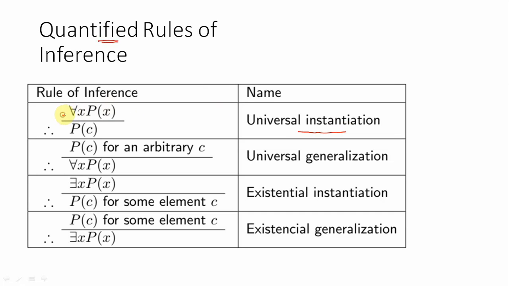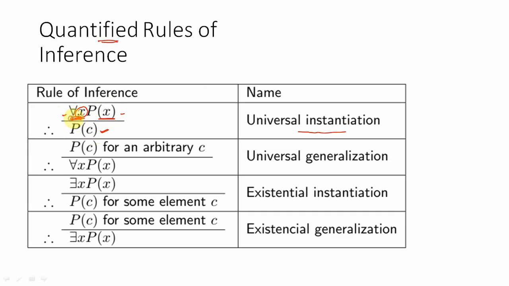for all x, p of x, if p of x is true for all values of x, then p is true for a particular value c. c is some particular value. Let us say the universe of discourse, this x is a value from the universe of discourse.